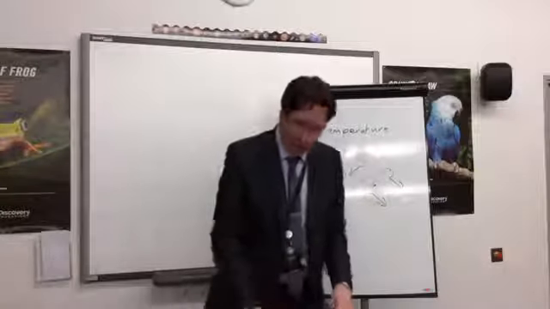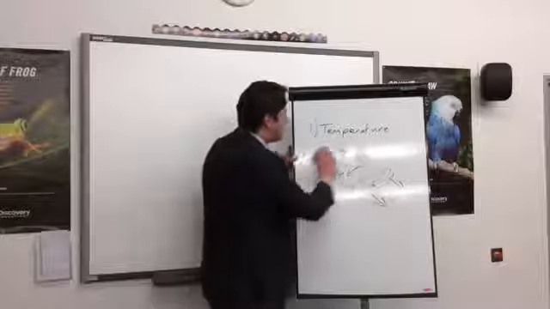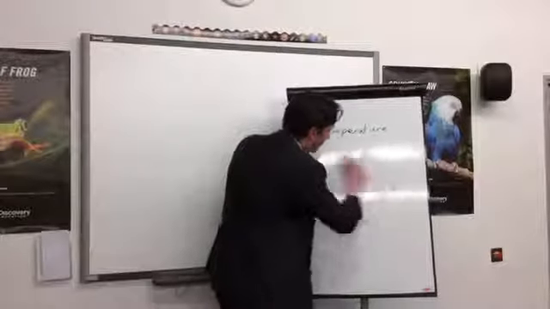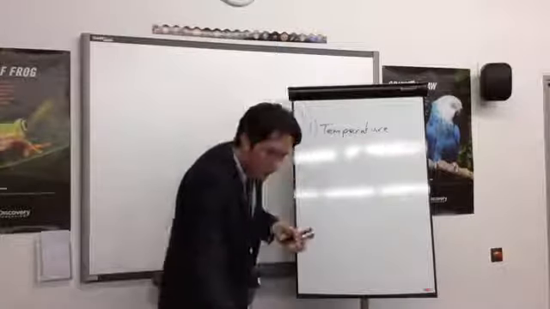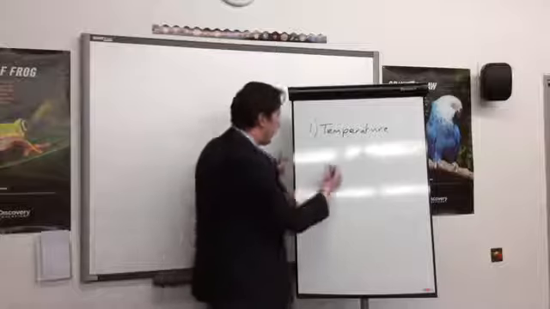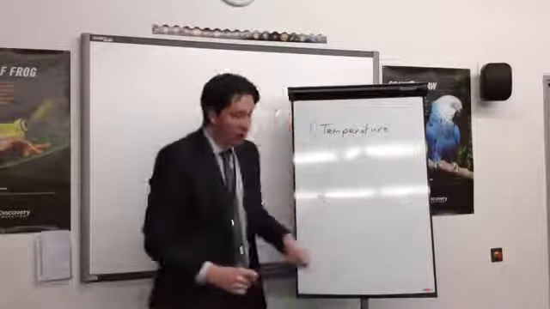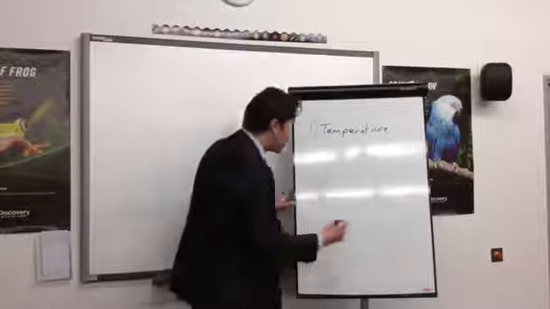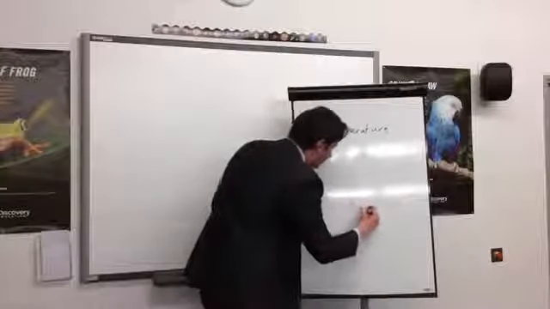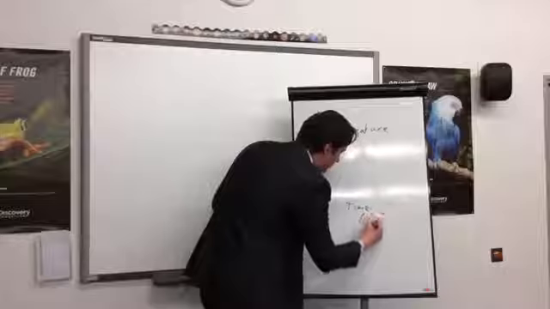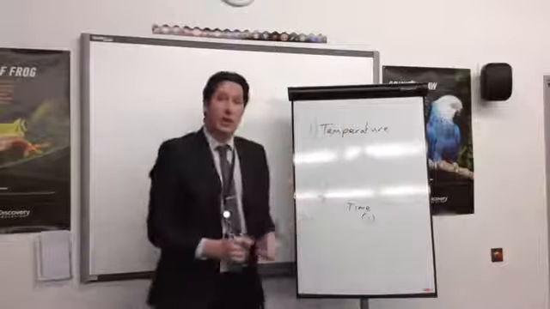If we were to show that on a graph, it would be like this. We'd have along the bottom the time of the reaction. So this would be the length of time along the bottom, and maybe in seconds. And this would be a reaction taking place.